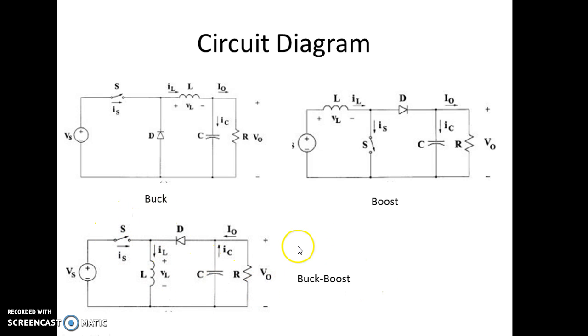In buck-boost, sometimes in GATE they ask a question; for example, in GATE 2016 they asked the maximum voltage across the switch, and they gave the magnitudes of these voltages. The only concept needed to answer that question is that the output voltage is the negative of what is shown. Why?